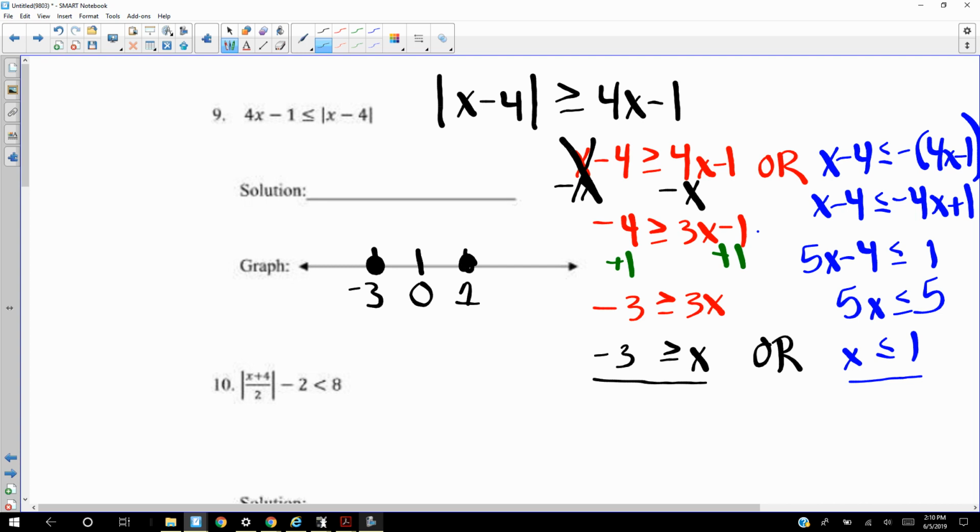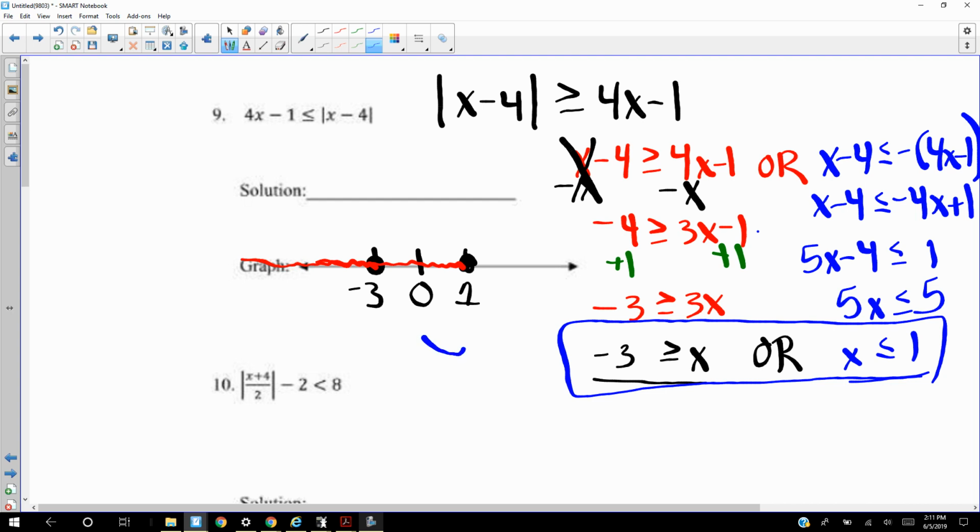And then let's think about this logically just for a second. If we shade everything to the left of negative 3, and we shade everything to the left of 1. So instead of writing our solution in this form as an inequality, really we want the numbers that are less than negative 3 or less than or equal to 1.